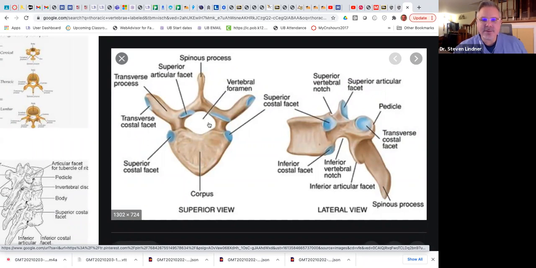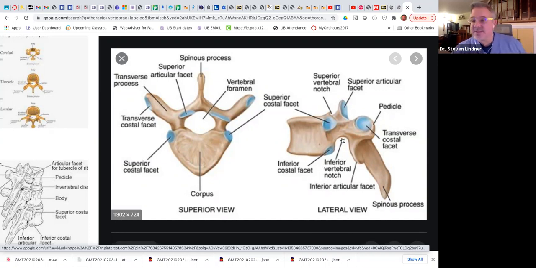These are your pedicles, here and here. That's your superior articulating facet, spinous process, transverse processes. Now you see this little facet on the transverse process and the facet on the vertebral body. Guess what's going to articulate there? The ribs. It's a thoracic vertebra. The ribs articulate to these facets. Everywhere you see the word facet, another bone is going to join it.